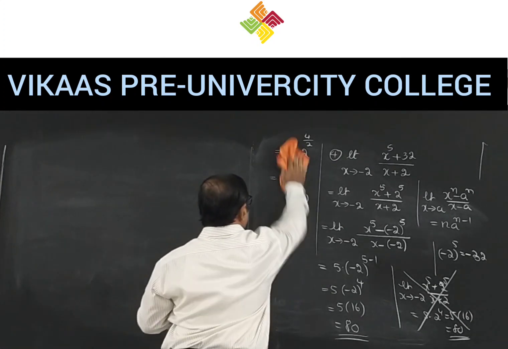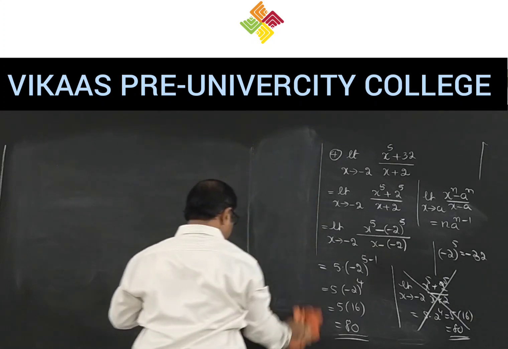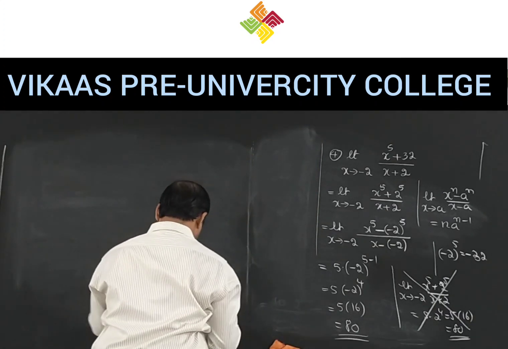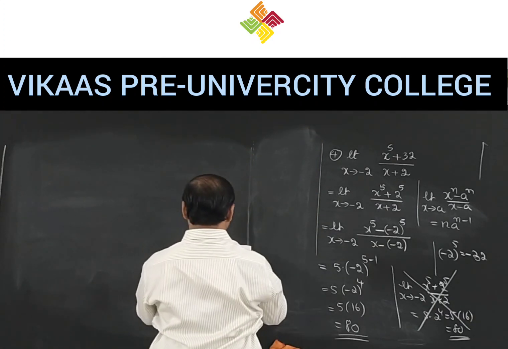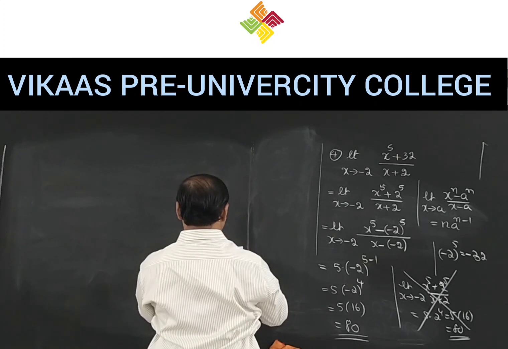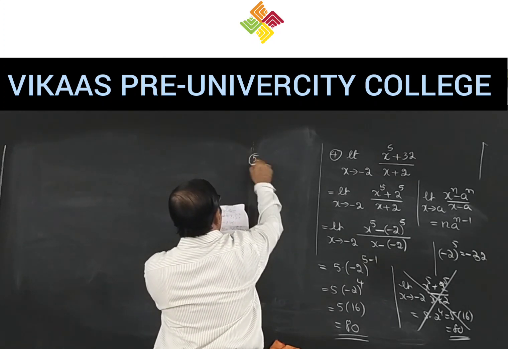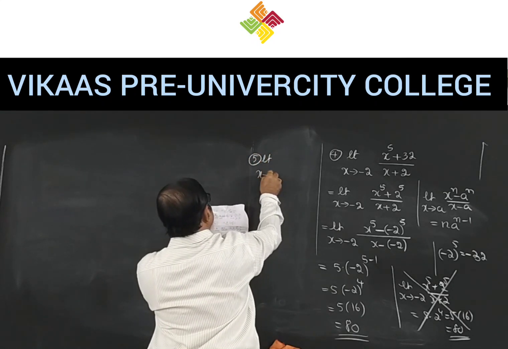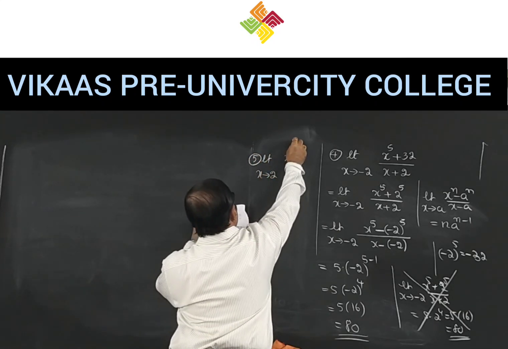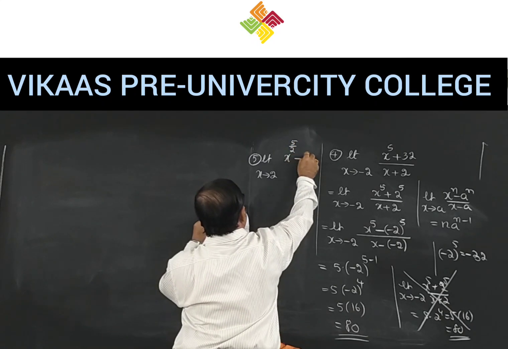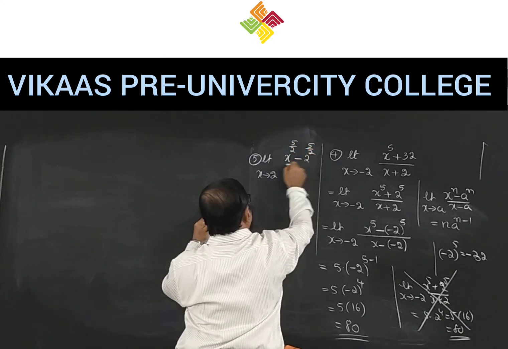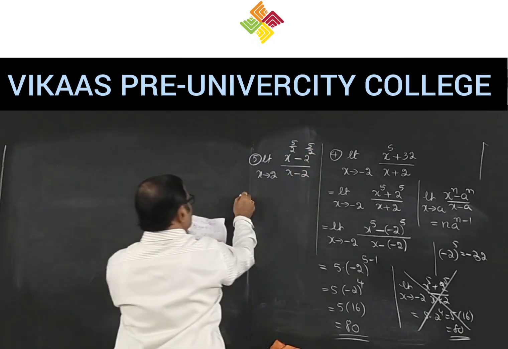Now similarly, you can solve some problems on this. See, you can just take down some problems and try to solve them yourself. See, that is limit x tending to 2, x to the power 5 minus 2 to the power 5 by x minus 2.